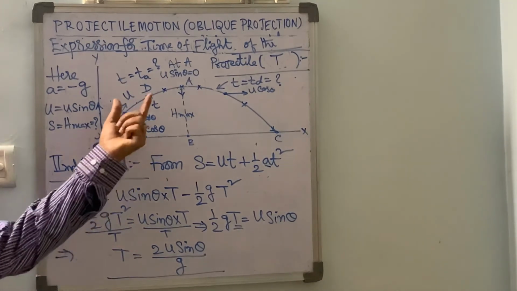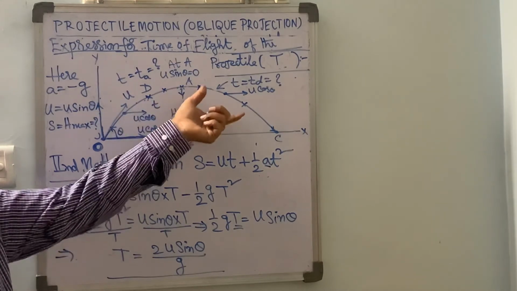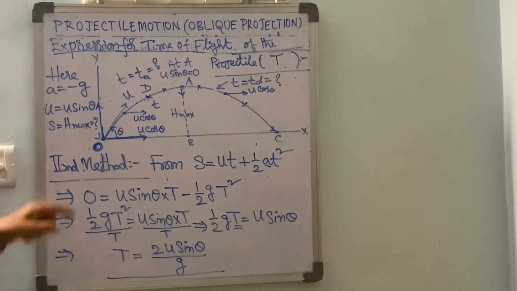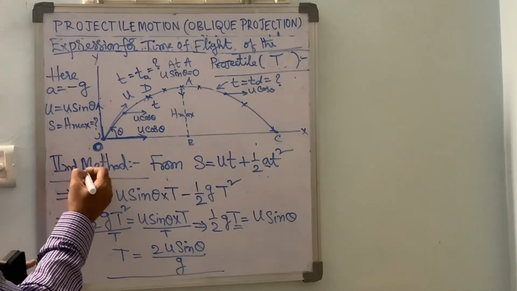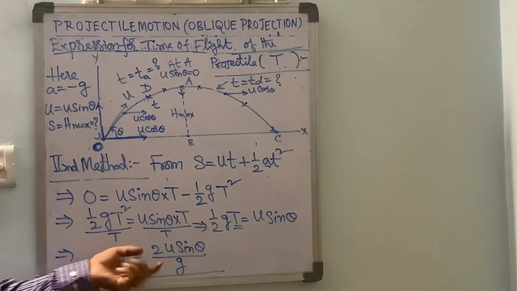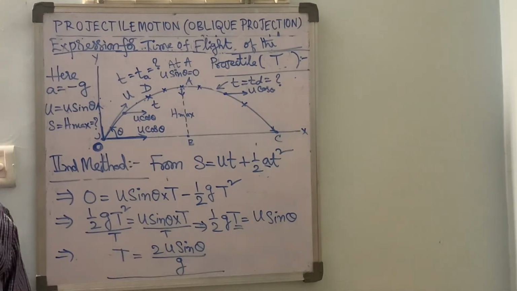If we know the time of ascent Ta and Td values, then we simply add time of ascent plus time of descent, Ta plus Td, to find the time of flight.